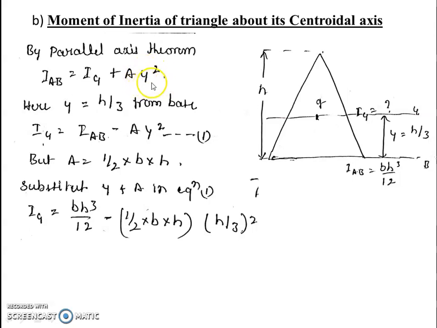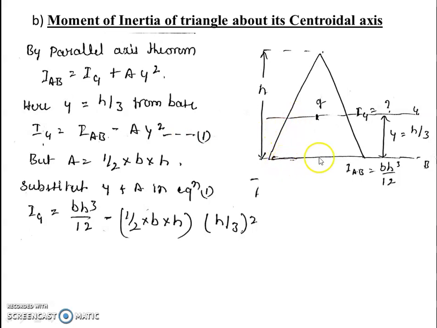This distance is nothing but the distance between the centroidal axis and the reference axis. So here y is equal to h by 3. This is the distance from the base, which we got from the centroid chapter. We know this relation. Then Ig, I will take this side, and the equation is reduced to IAB minus A y square.